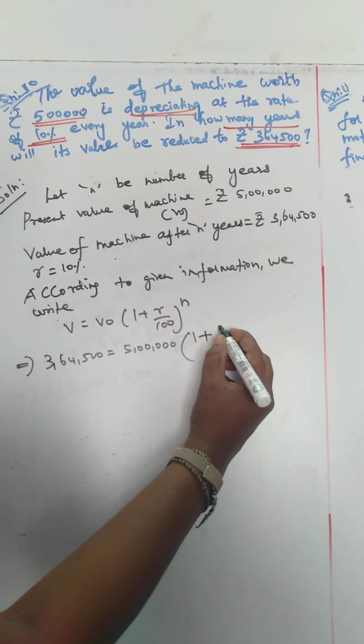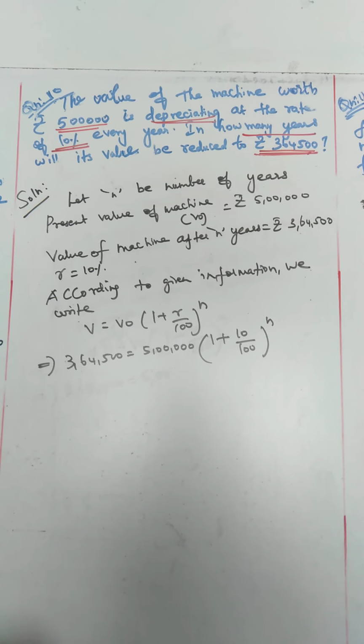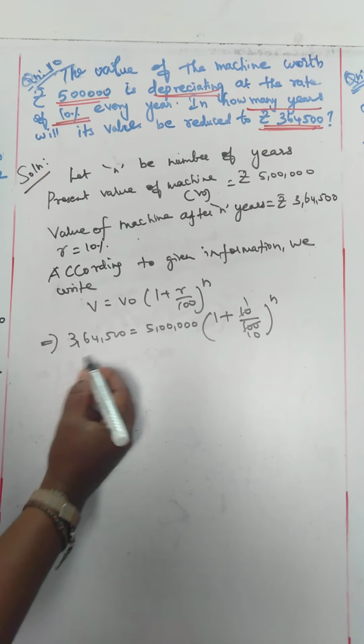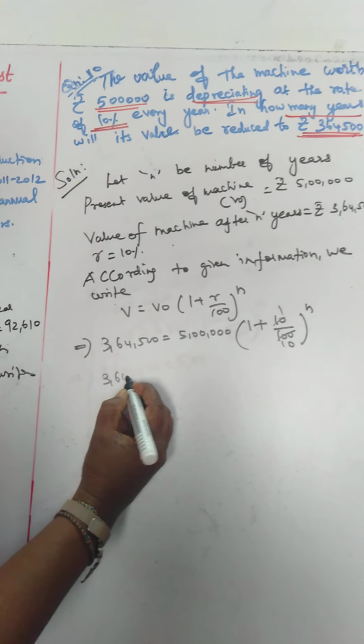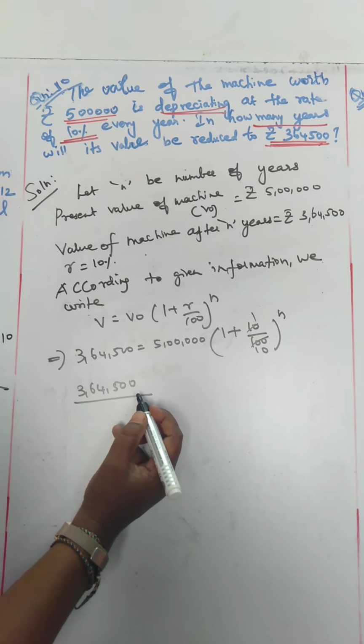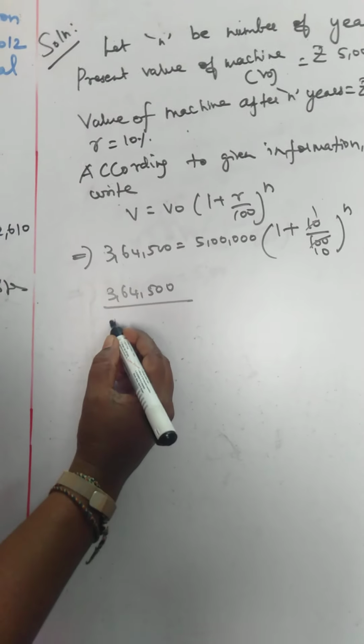Then 1 plus R by 100, here R is 10. Then n only we don't know, we have assumed n as it is. Then cancel this one, this is 1 time, this is 10 time. Then bring this 5 lakhs to the denominator.